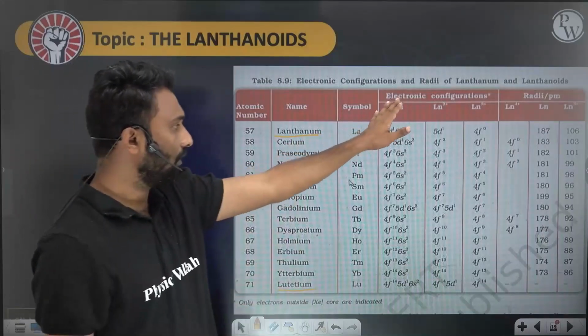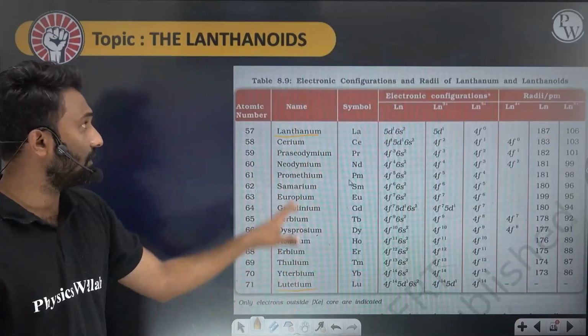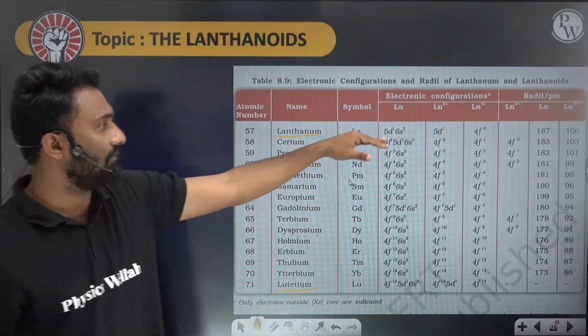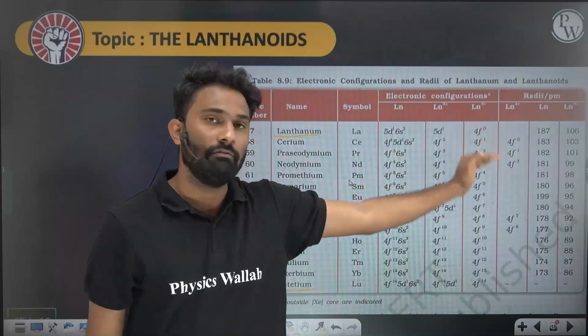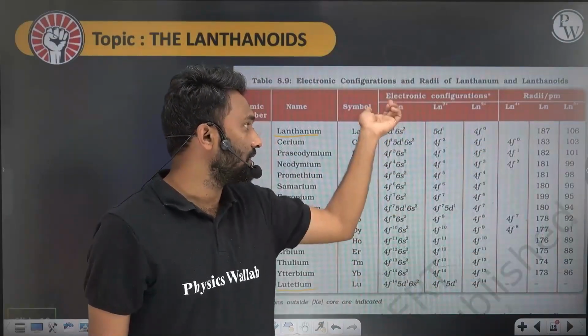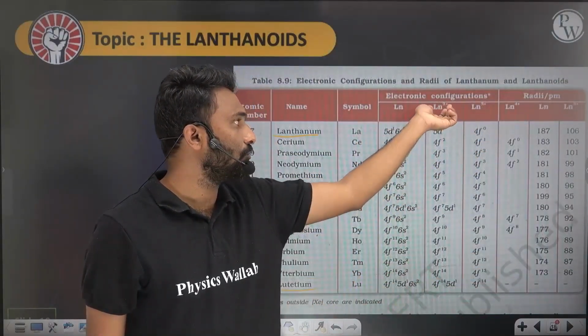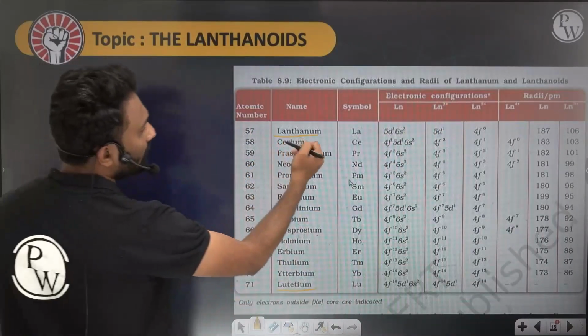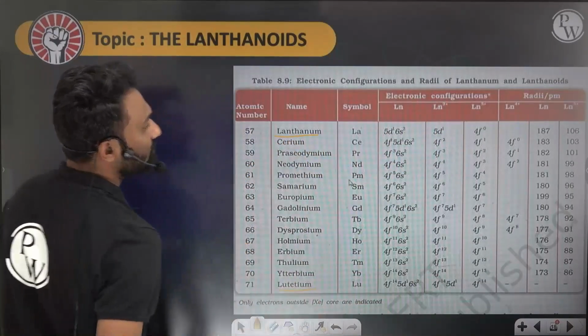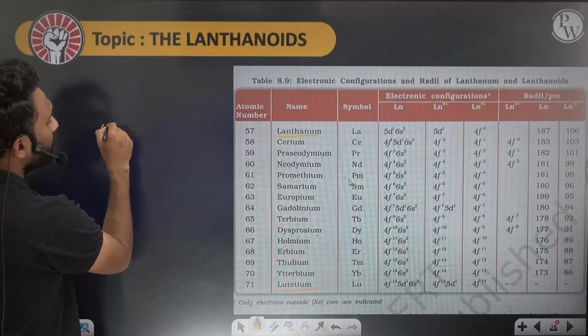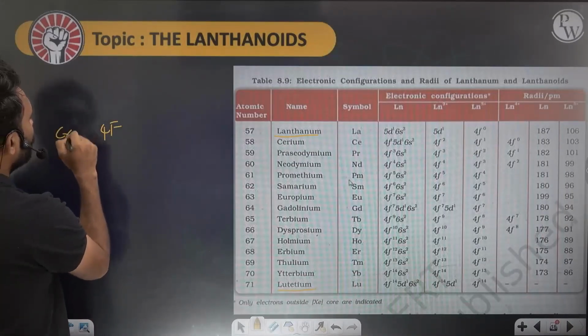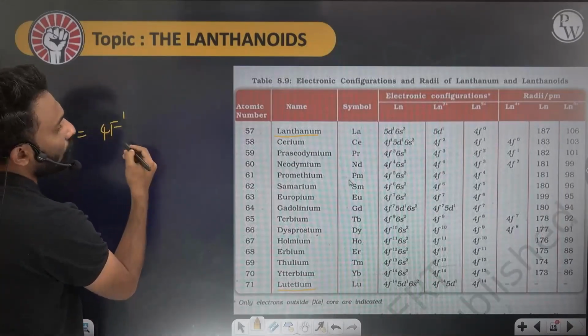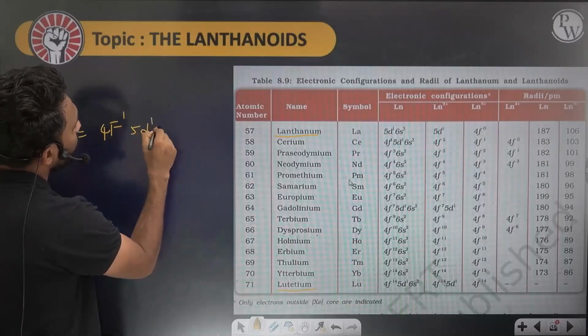These are the elements present in the lanthanides and they have variable electronic configurations. This is a general electronic configuration if you remove the two electrons. For example, if you take cerium, it is 4f1 5d1 6s2.